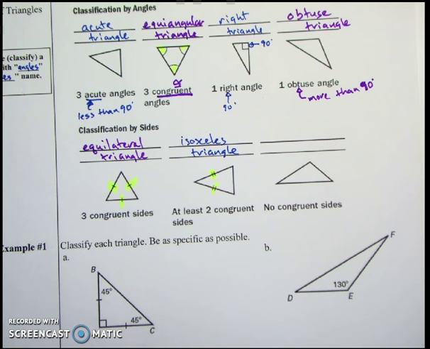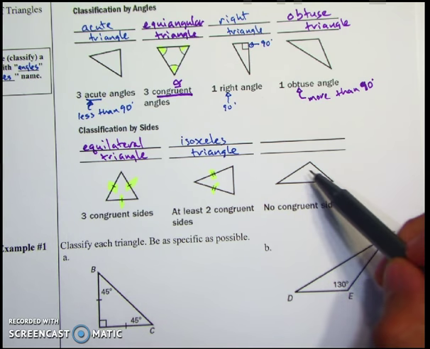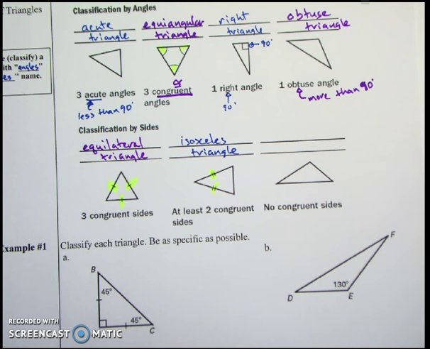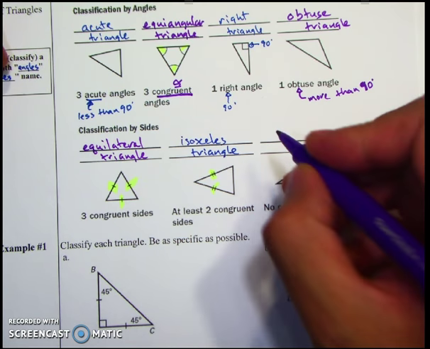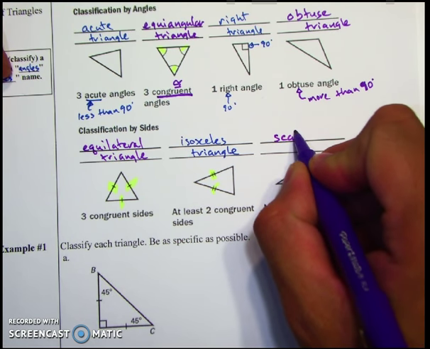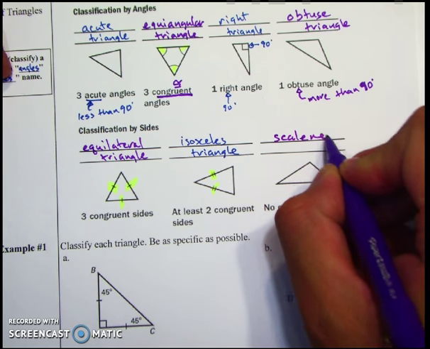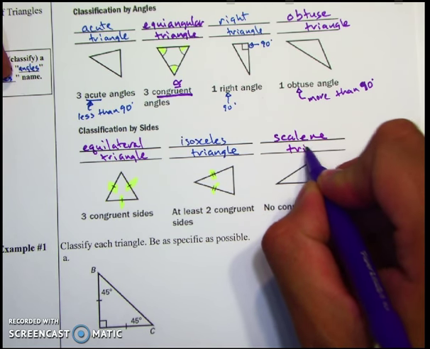So anytime you have the same two sides, we call it isosceles. Now here we have no tick marks, so none of the sides are the same. So for that one, we call it a scalene triangle.